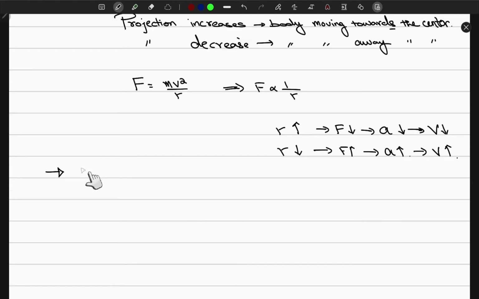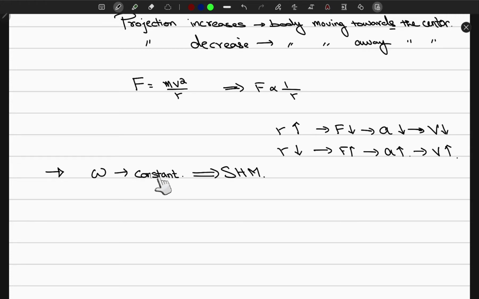Now, one of the most important conditions for SHM is that omega has to be constant. This omega is just the angular speed of the body in circular motion, and that has to be constant for the projection to have SHM.